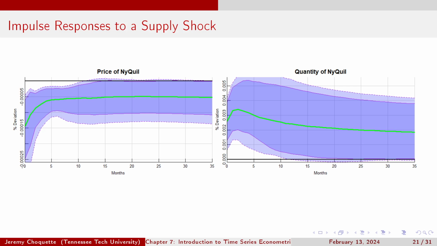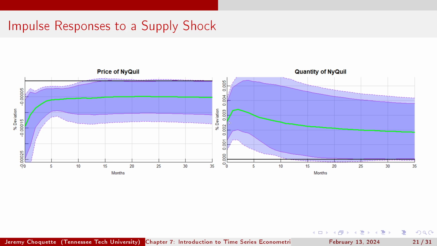Let's look at the supply shock on the other hand. We'll start with the quantity here. The quantity goes up, because here we've got this nice solid black line, that's when the percent deviation from the quantity is 0. This is clearly above that, so quantity goes up. How much does it increase by? Well, 0.003%.